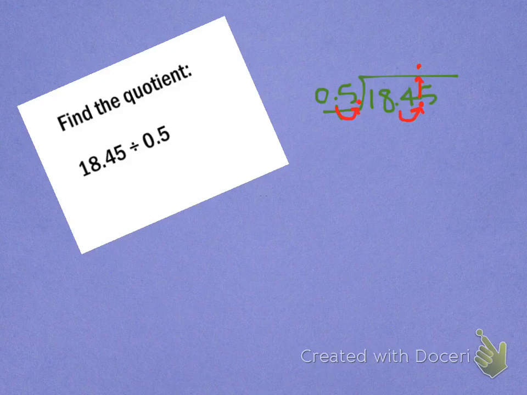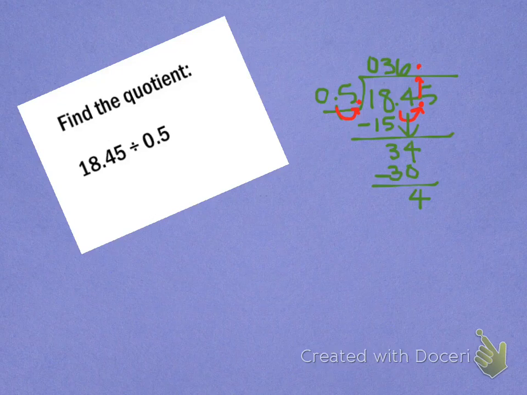So here I have 5 goes into 1 0 times. 5 goes into 18 3 times. 3 times 5 is 15. 18 minus 15 is 3. Bring down your 4. 5 goes into 34 6 times. 6 times 5 is 30. 34 minus 30 is 4.